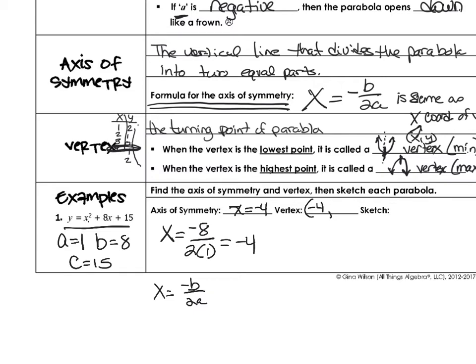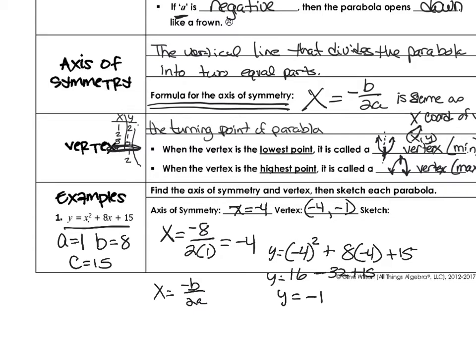Okay? So what I can do is replace x in my equation with negative 4 to find my y coordinate. So this would be 16 minus 32 plus 15. So y equals negative 1. So negative 1 is the y coordinate of my vertex.